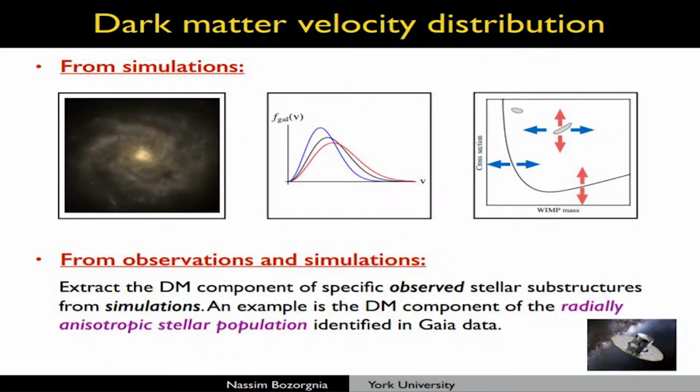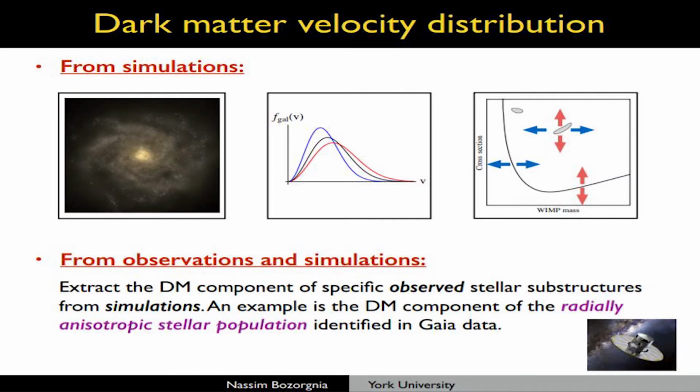From observation, you can extract the dark matter component of specific stellar structures which are observed. For example, with Gaia data, there was this recent stellar population which brought a lot of interest.